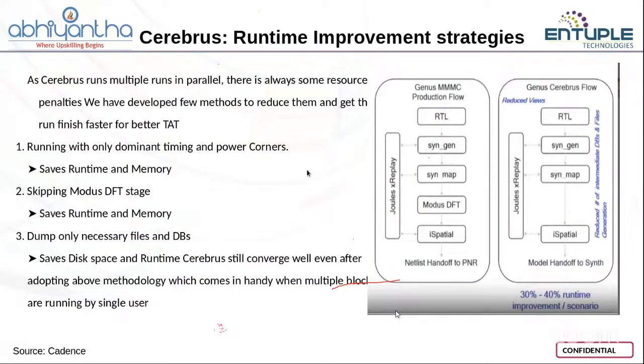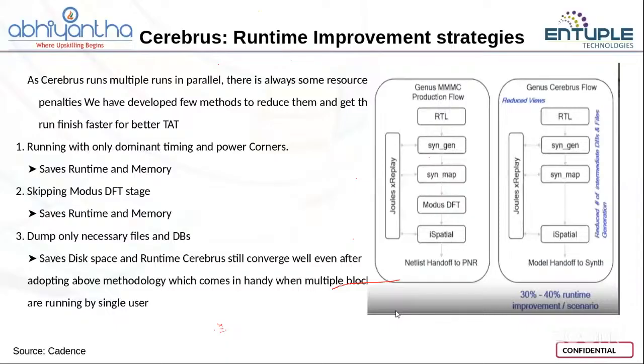So what is the runtime improvement that has happened in Cerebrus? Cerebrus runtime improvement strategies: here we are using the Genus synthesis flow, with Joules replacement, RTL generic synthesis and mapping. Then we are optimizing with DFT. This DFT netlist is a main thing, as this netlist will be handed over to the physical design, that is your PNR.